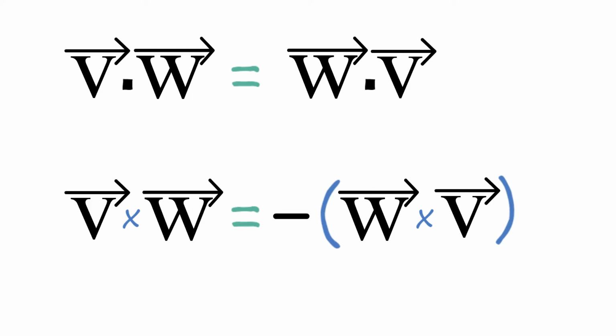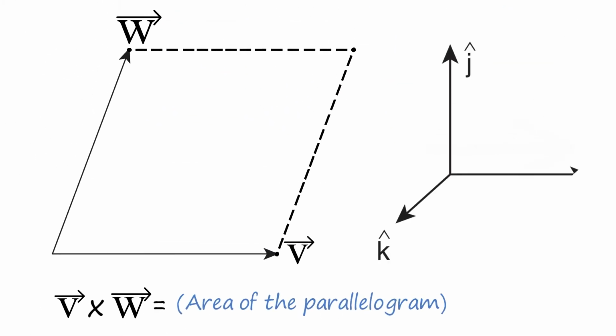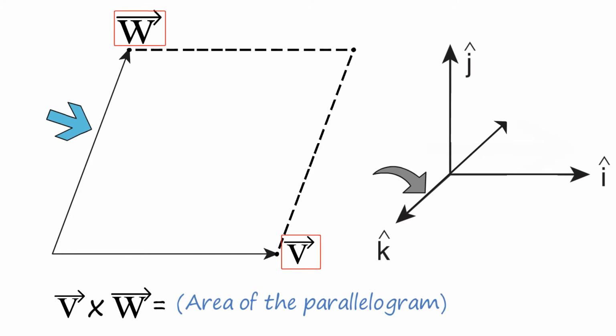But why? Well, because cross product is multiplying two vectors to get a third vector. The magnitude of the third vector will be the area of this parallelogram, but the direction of this third vector depends upon the orientation of w and v vectors.